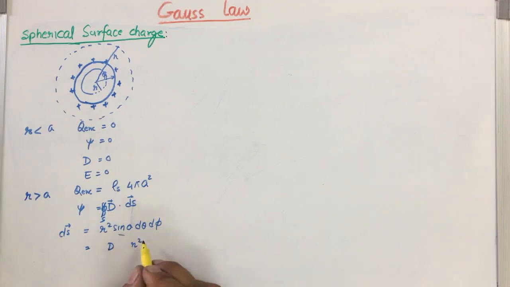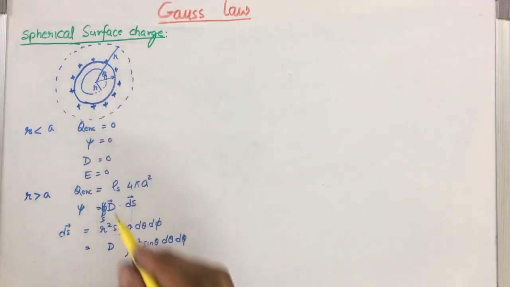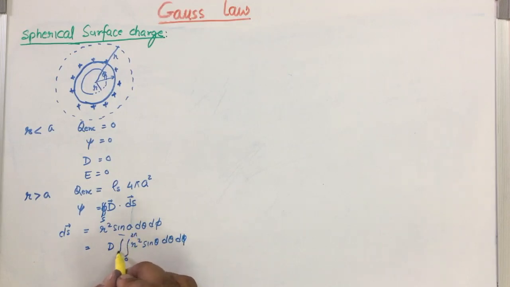So we put r square sine theta d theta d phi, where phi varies from 0 to 2 pi and theta varies from 0 to pi.